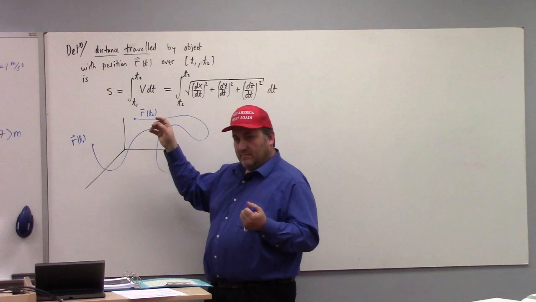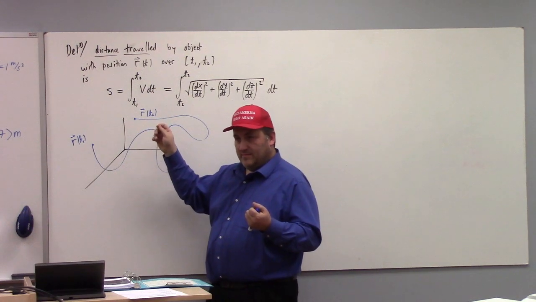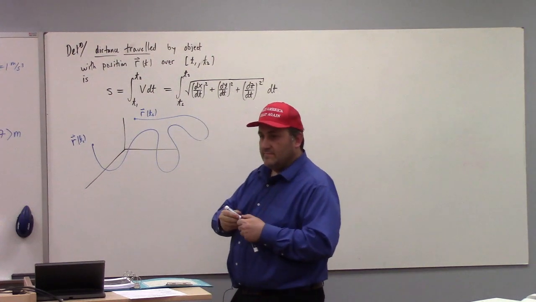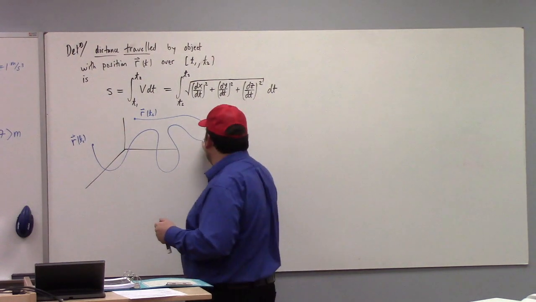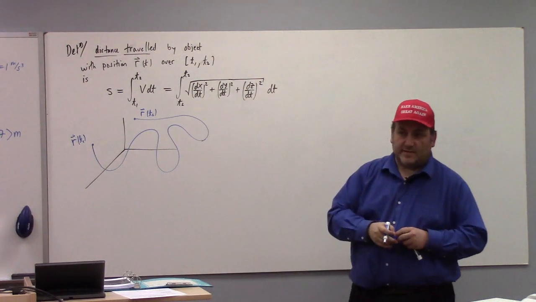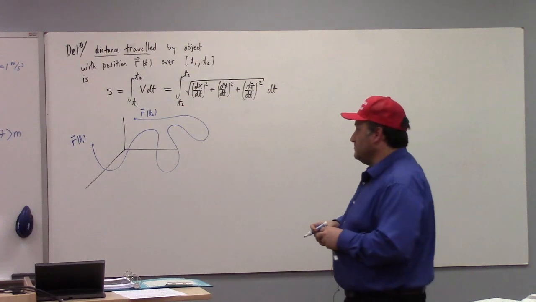The length of that string is the distance traveled. This has another name in mathematics. What is it? Arc length. Very good. This is the arc length integral. Arc length is distance traveled.